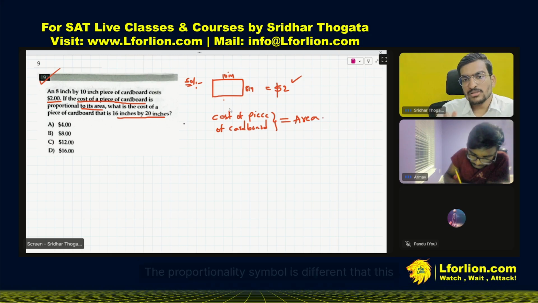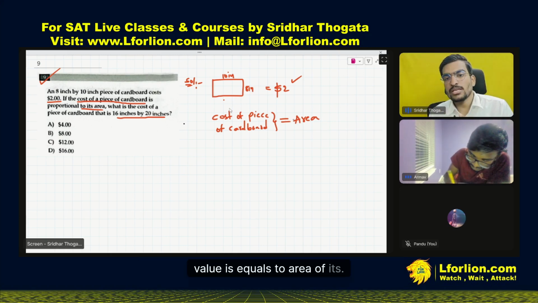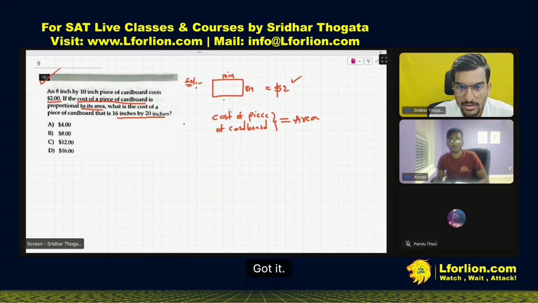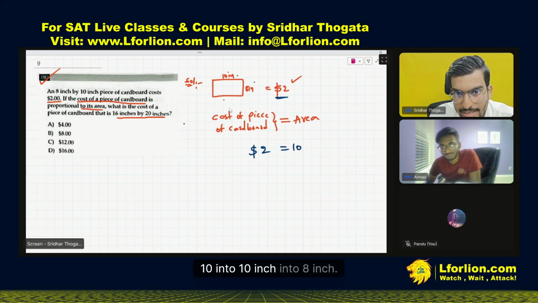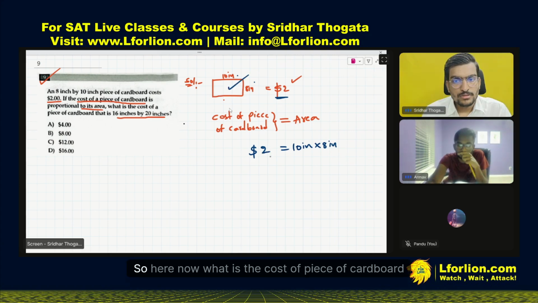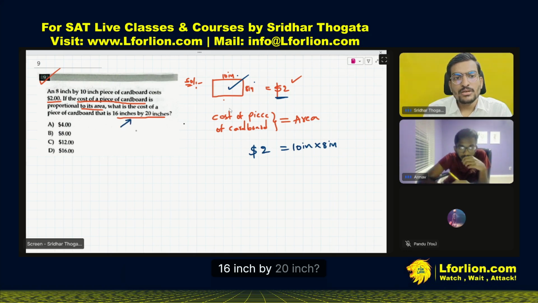The proportionality symbol is different, but this value is equal to the area. What is the cost here? We know $2. What is the area? 10 inch into 8 inch. Now, what is the cost of a piece of cardboard that is 16-inch by 20-inch?